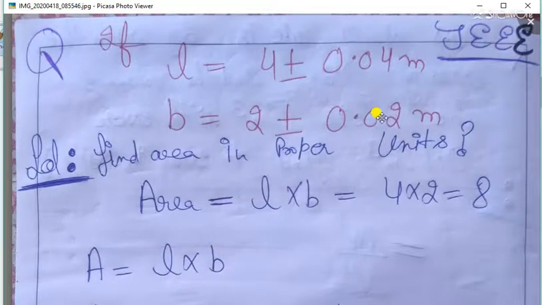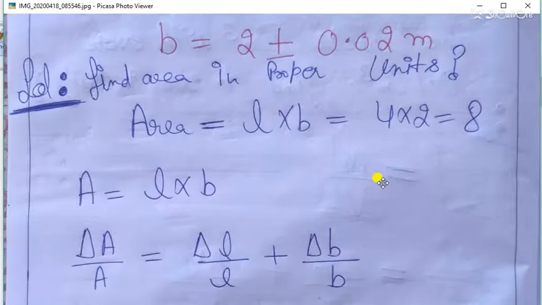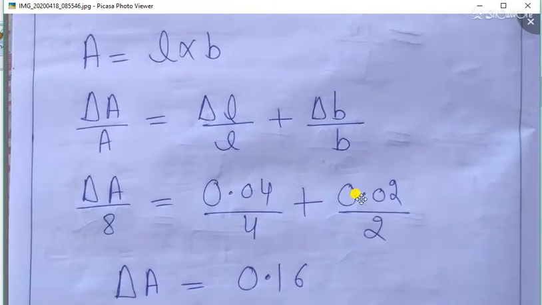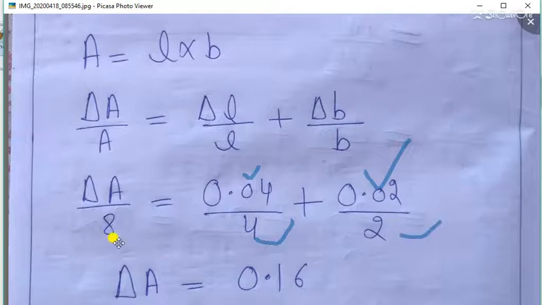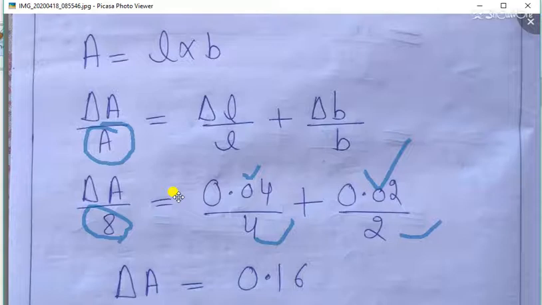Now we know the relation that delta A by A is equal to delta L by L plus delta B by B. We know the value of delta L, and we know the value of delta B and L and B, and the area we have calculated. Why have we calculated A? Because we have to find delta A, the absolute error in area.